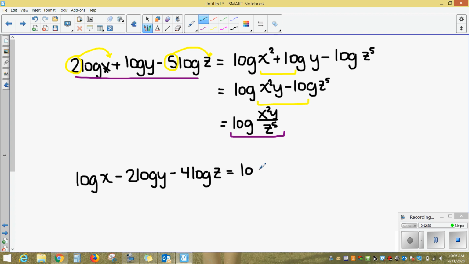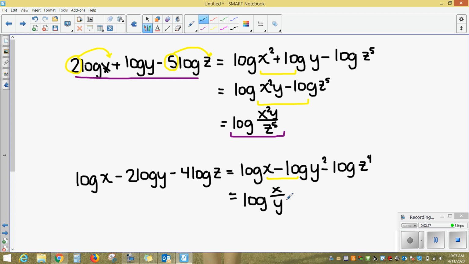First, I'm going to put the exponents back inside, meaning that 2 log y becomes log of y squared, and that 4 log z becomes log of z to the 4th. Then if I put this difference back together, it becomes a quotient. So log of x over y squared.